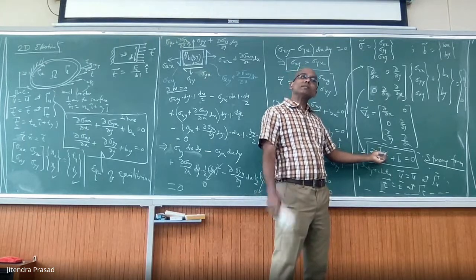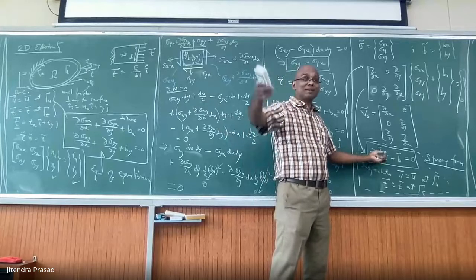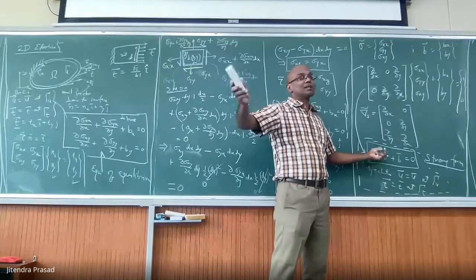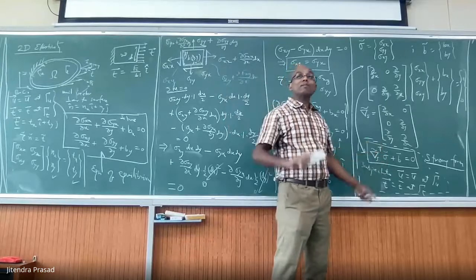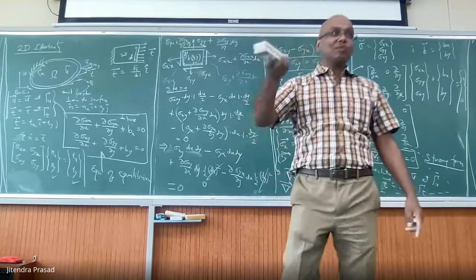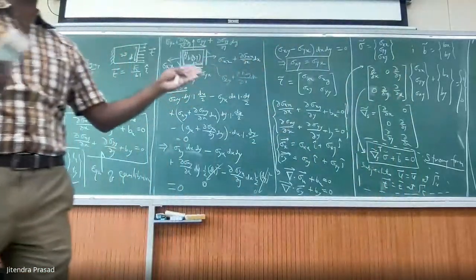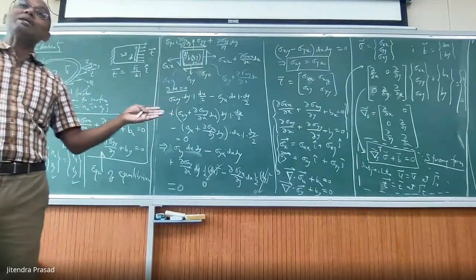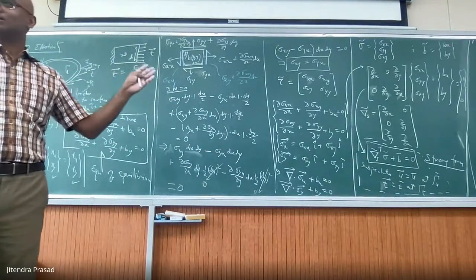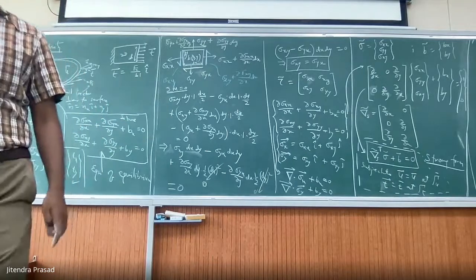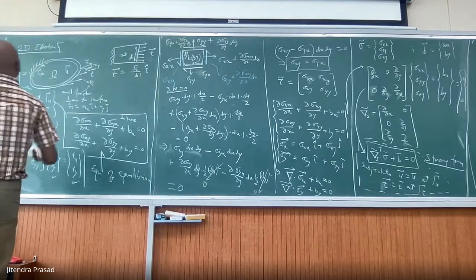Do you know how it is related? It is not directly related. It is related through strain. We know that stress and strain, sigma and epsilon, are related, and epsilon has the u term there. So first we will convert sigma to epsilon, and then we will convert epsilon to u, the same way as you did for the 1D problem. This is just a 2D problem, hence it is a bit more complicated.